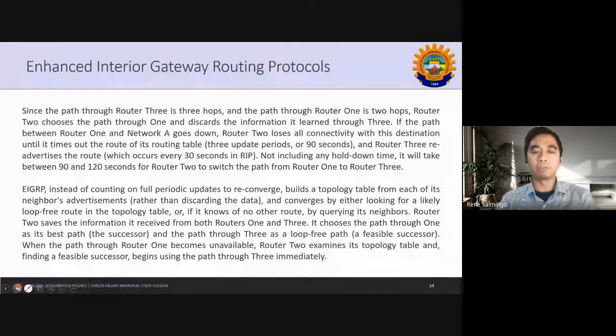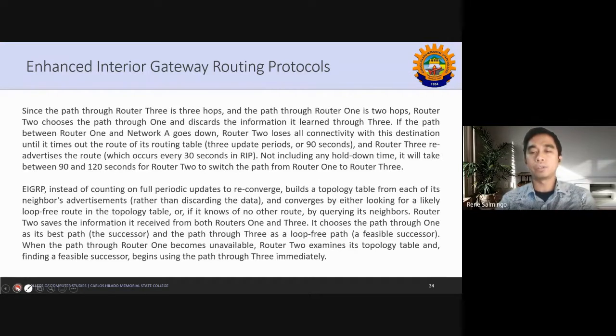EIGRP, instead of counting on full periodic updates to reconverge, builds a topology table from each of its neighbor advertisements. It converges by either looking for a likely loop-free route in the topology table, or, if it knows of no other route, by querying its neighbors. Router 2 saves the information it received from both routers 1 and 3.